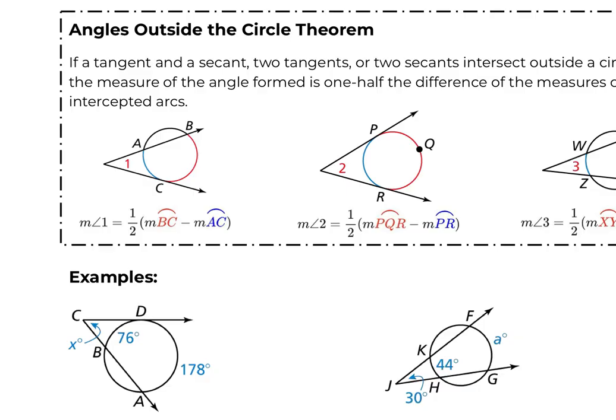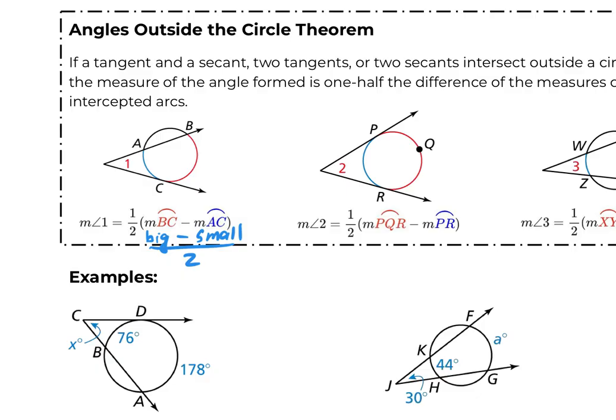Arc BC is the big arc. So we're going to take the big arc minus the small arc and divide it by 2. Okay? Just trying to break it down in a little bit easier fashion.